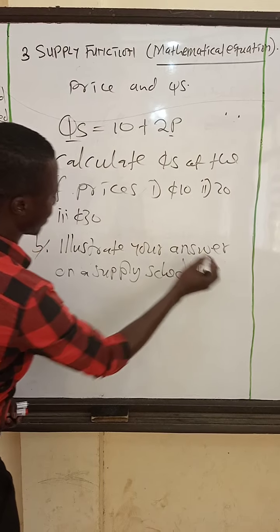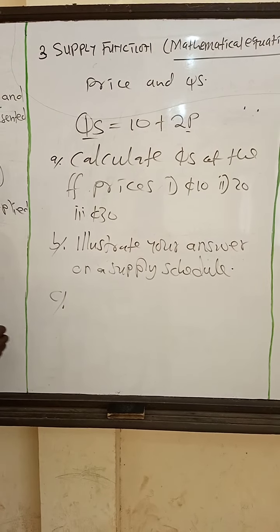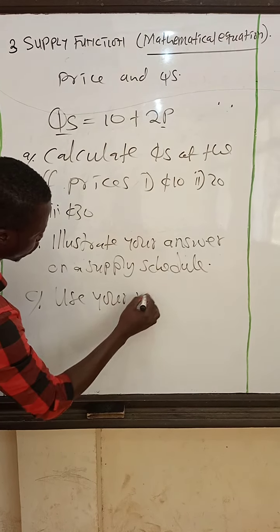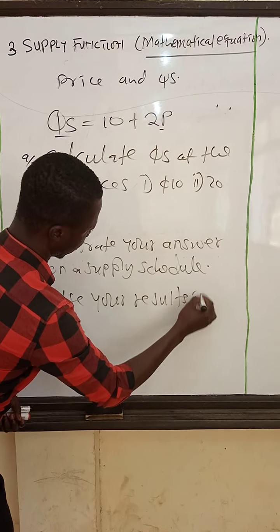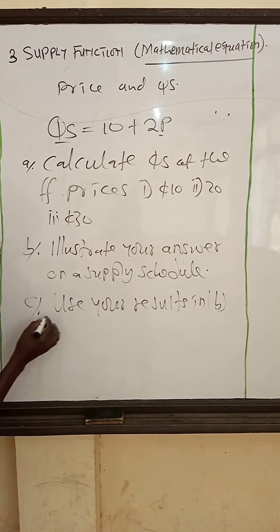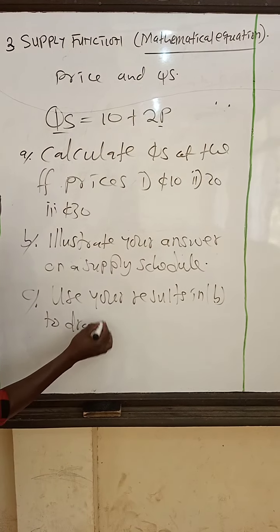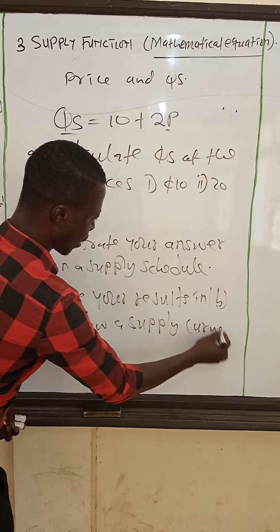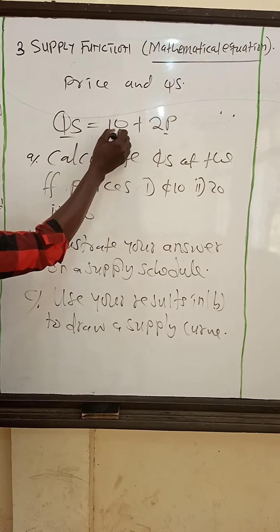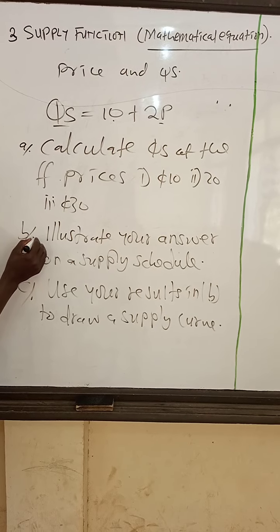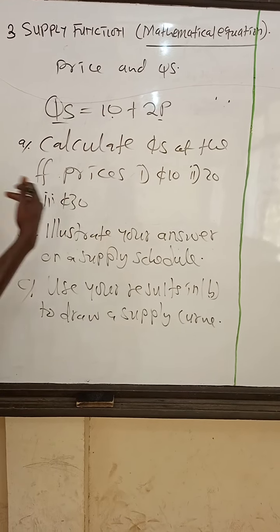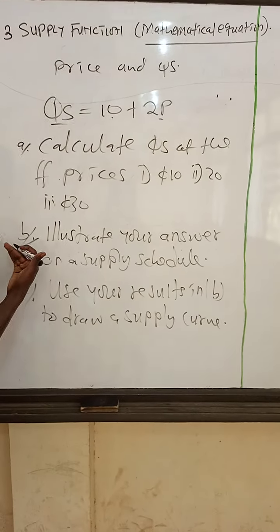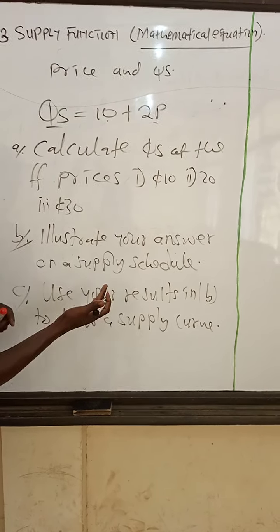And then the C part of the question says use your results in B to draw a supply curve. So you can see one question, but out of this question I'm going to generate a supply schedule, which is one of the ways of representing the relationship between supply and price, that's quantity supply and price.